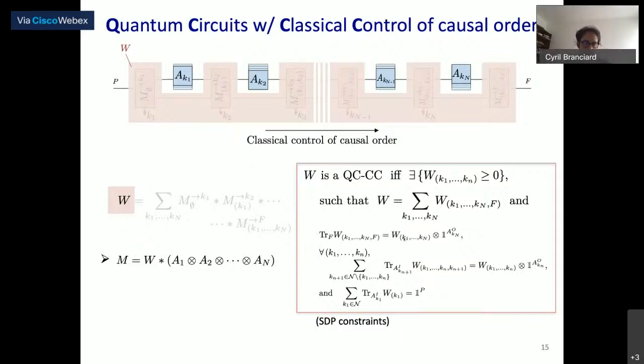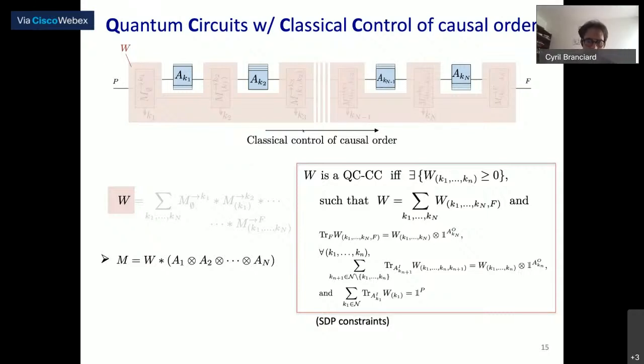So we can check efficiently whether a given W can be realized as a quantum circuit with classical control. We could, for instance, use this characterization to optimize certain tasks. If I'm giving you some tasks that you want to realize, and I'm telling you, okay, you can use quantum circuits with classical control, then you can try to optimize the circuit that will realize the given map.